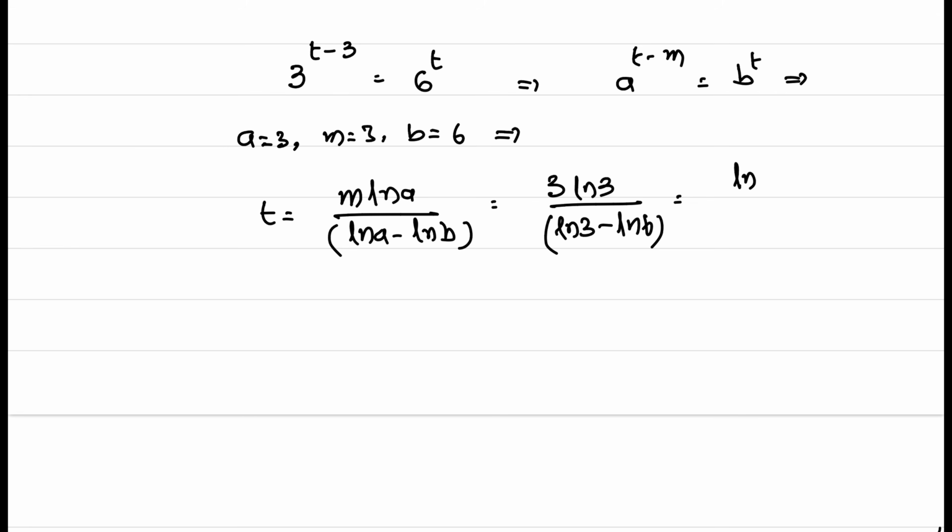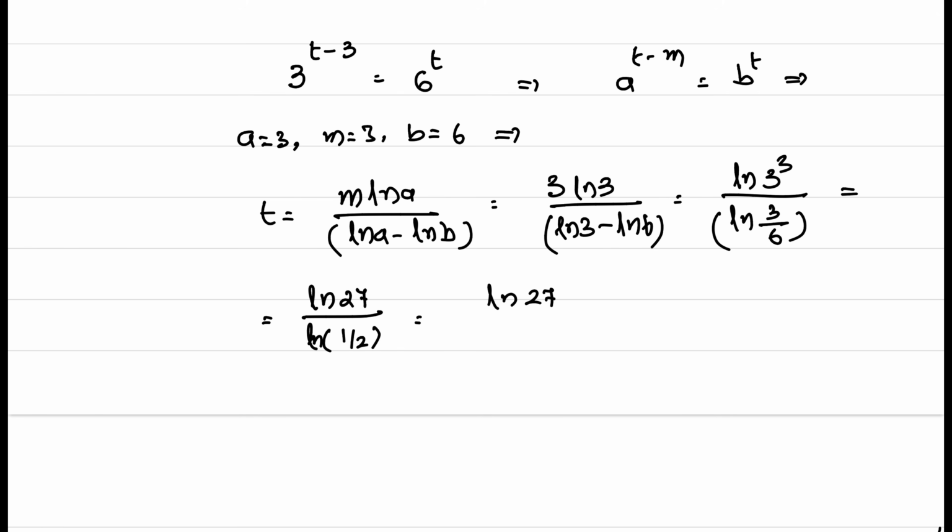ln 3 cube divided by ln 3 by 6, that is equal to ln 27 by ln 1 by 2. ln 1 by 2 is nothing but minus ln 2. So ln 27 by minus ln 2.